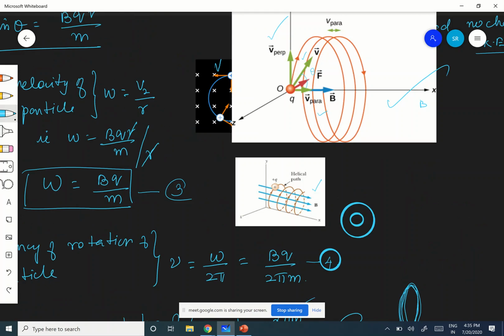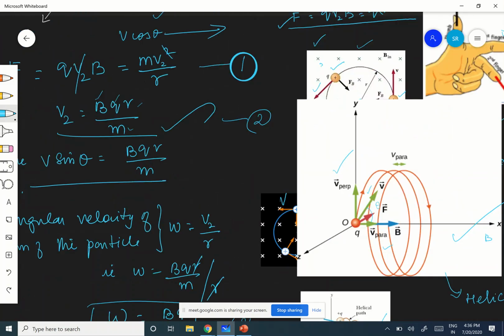It is not moving in the same place. It can move in a circular path, and at the same time it can trace some horizontal distance also. Therefore, the path is what is called a helical path.